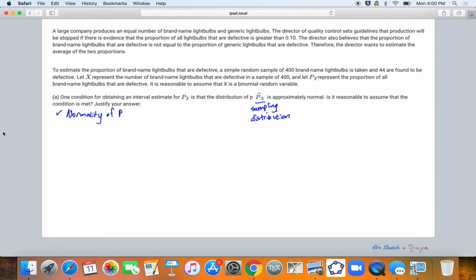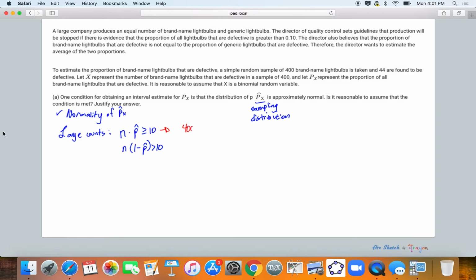And so if we want to check normality of a sampling distribution, so of P hat X, we want to use that large counts condition, which is going to be n, our sample size, times P hat, has to be greater than 10, and n times 1 minus P hat also needs to be greater than 10. So n being our sample size is 400.